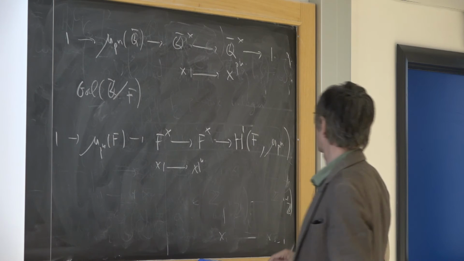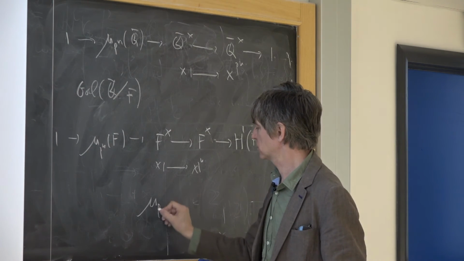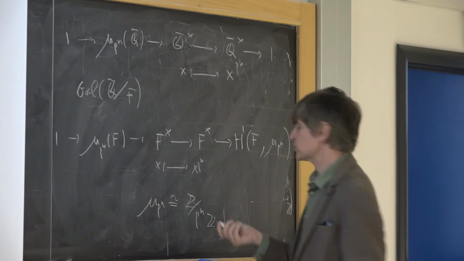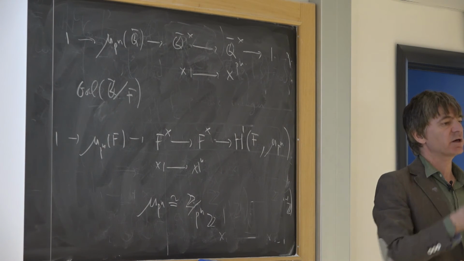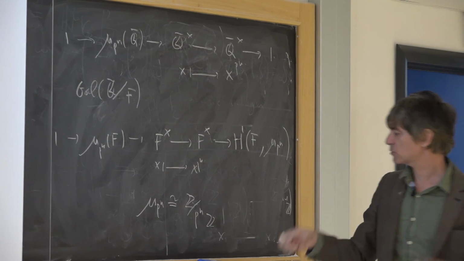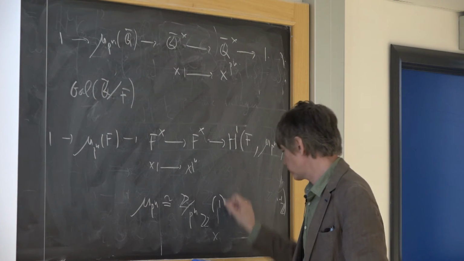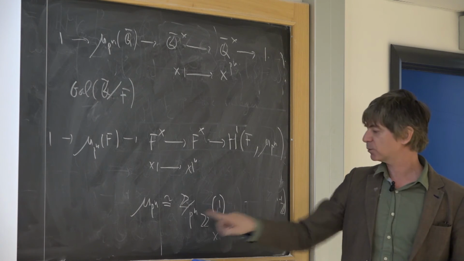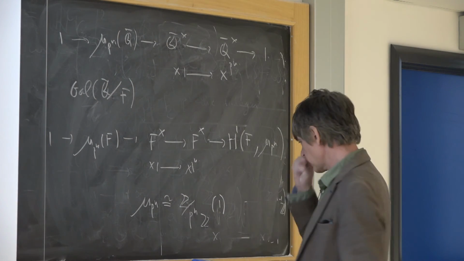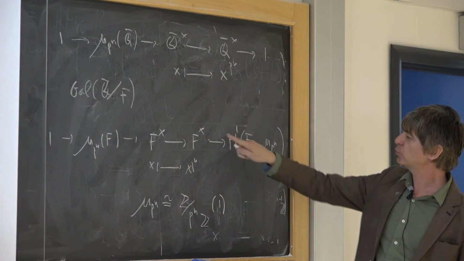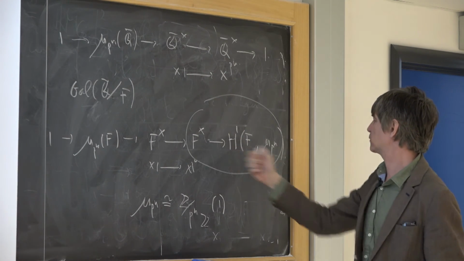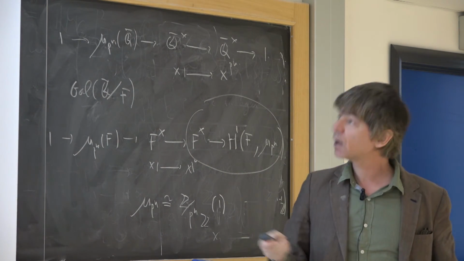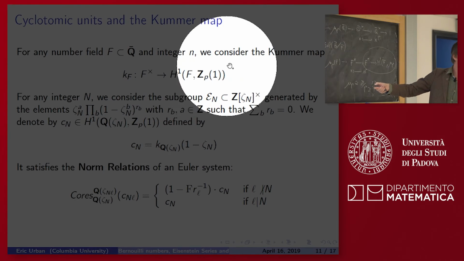And so mu pn is actually isomorphic to Z mod pn Z, but with an action given by a character, which is the cyclotomic character. It's why we put 1 here, just to remember that the Galois action is not trivial, but given by a character. And so if you look at this map here, but you just take the projective limit over n, what you get is exactly this map here, which is called the Kummer map.